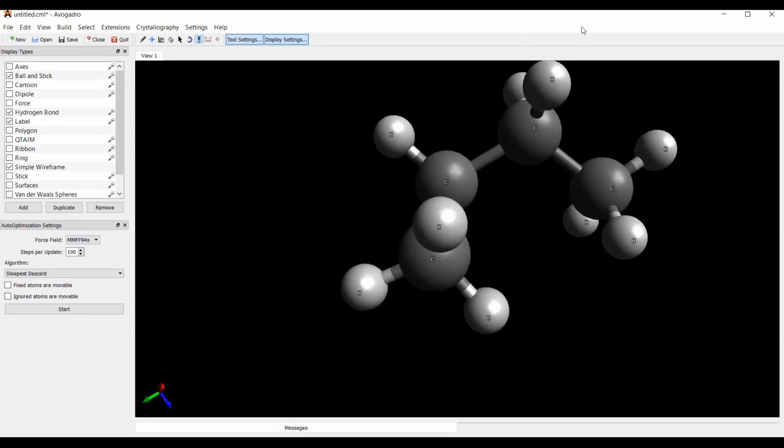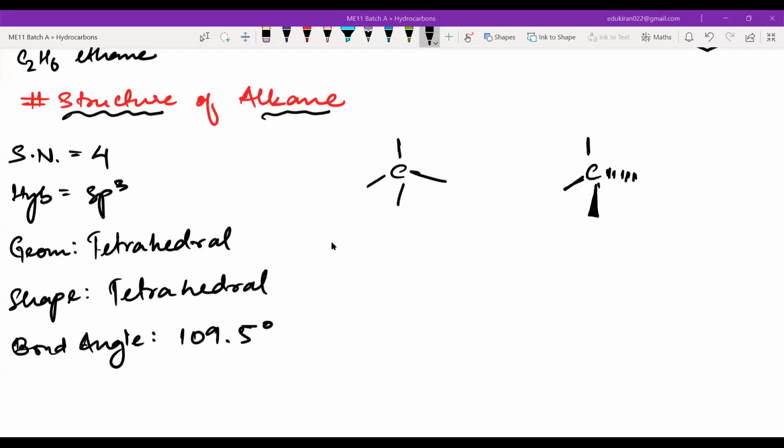Two of those bonds are on the same plane, one bond is behind the screen, and the other is coming outwards. This dark line represents that the bond is coming away from the screen, and this dashed line represents that it is going behind the screen. This is the actual structure.